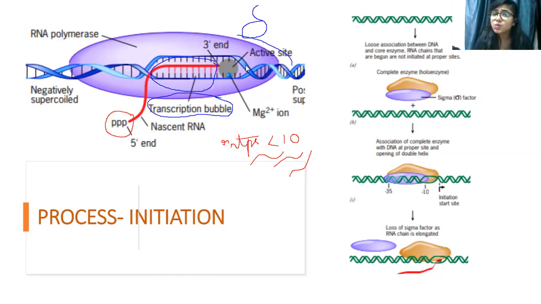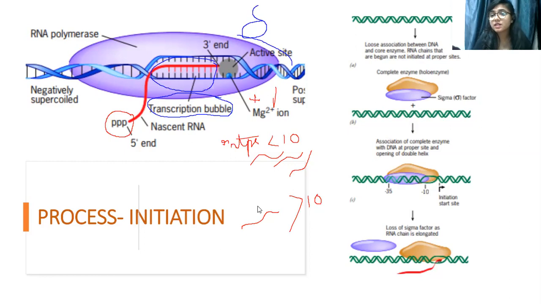Okay, as soon as this RNA polymerase crosses the consensus sequence and enters the +1 region of the DNA, which is the actual starting point of transcription, an RNA molecule longer than 10 nucleotides is added.